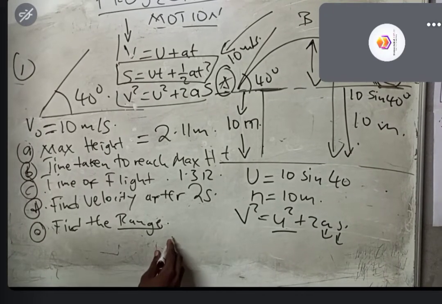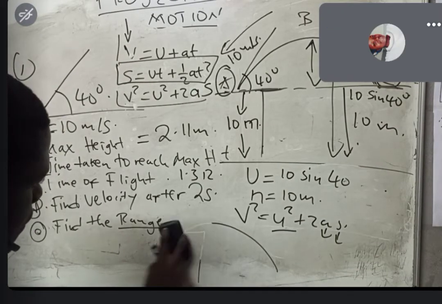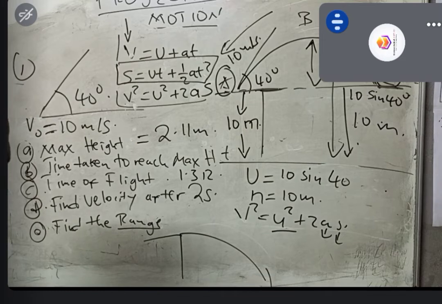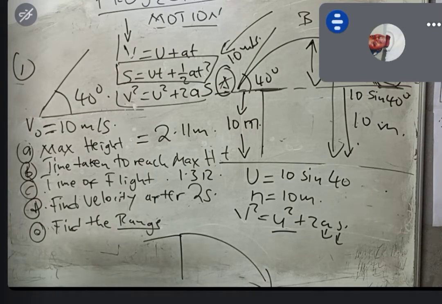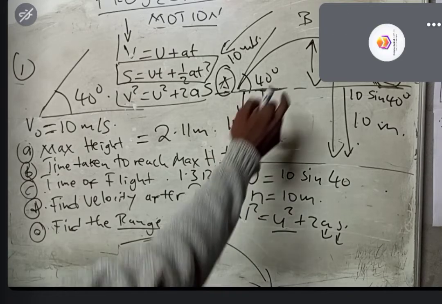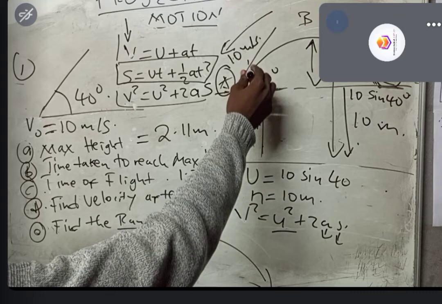But otherwise, when something is dropping from a cliff, just dropping like this, not going up, this one is simple because you actually work with the same formula.